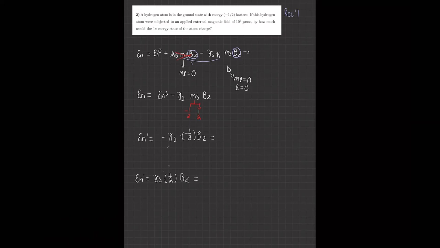Okay, so this would be, I believe, in Hartrees, -2 times 2.1272 times 10 to the negative 10 Hartrees over Gauss.